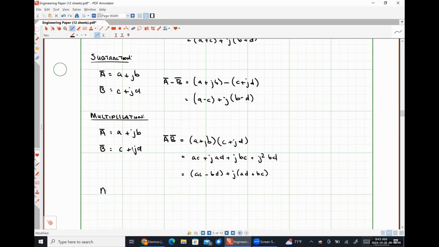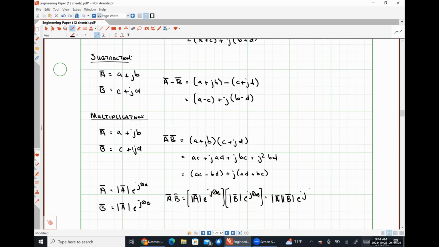If A is equal to the magnitude of A, e to the j theta A, and B is equal to the magnitude of B, e to the j theta B, this multiplication looks like the magnitude of A, e to the j theta A, times the magnitude of B, e to the j theta B, which is just the magnitude of A times the magnitude of B, e to the j (theta A plus theta B).